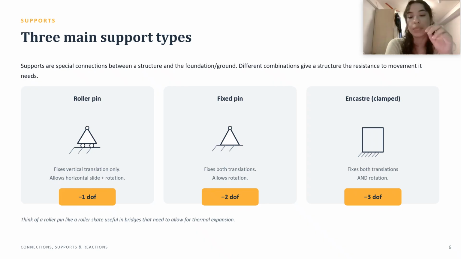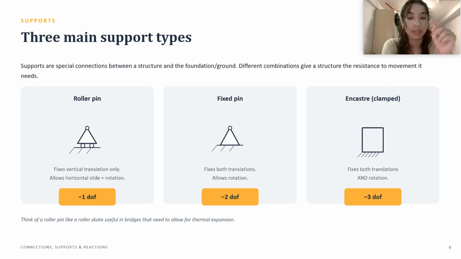Now we have 3 main support types, and first of all is the roller pin. It rolls, which means it can slide horizontally and it can rotate. However, it is fixed vertically, so we only have 1 degree of freedom removed. Then we get the fixed pin.